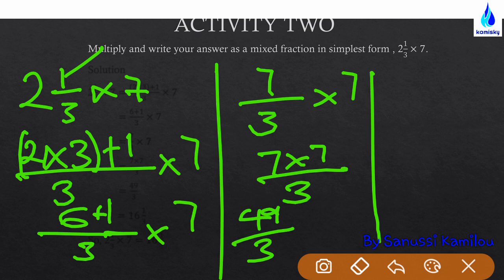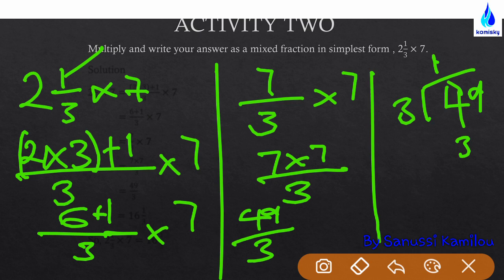Then you need to do long division as we always do. 49 divided by 3. Let's take 4. 4 divided by 3 will give me what? Ask yourself, how many times will 3 go into 4? Somebody is saying once. That's good. 1 times 3 is 3. So when you subtract, what do you get? 1. Then you drop the other 9.